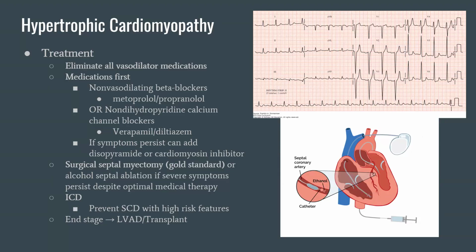There's also something called a shock box, which is a defibrillator that doesn't have leads into the heart. It's literally like a little box that goes under the skin that shocks you. So that's less invasive, but if you know someone has a cardiomyopathy, you have fewer tools down the line.